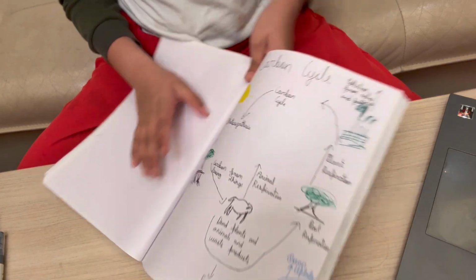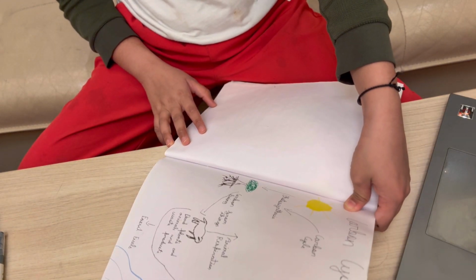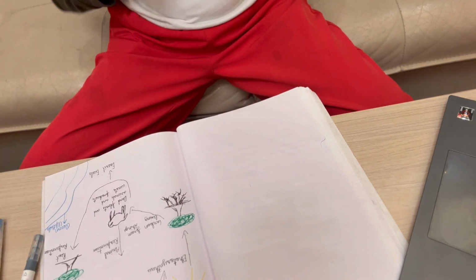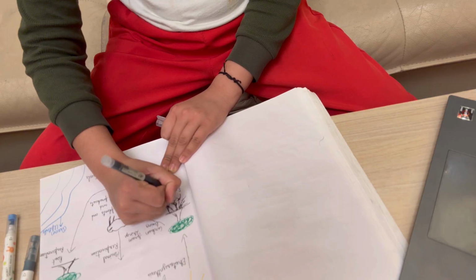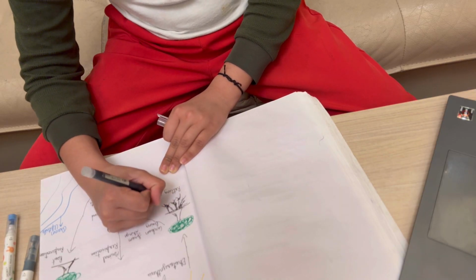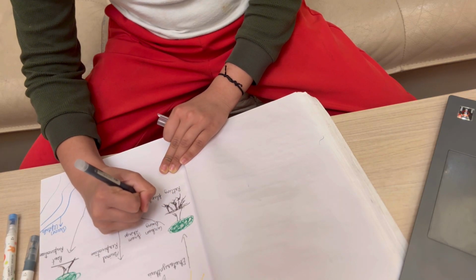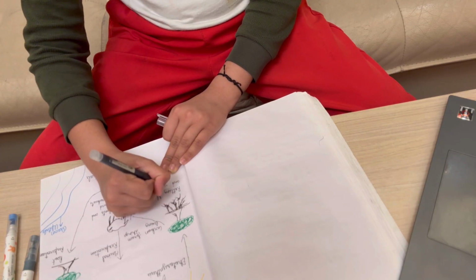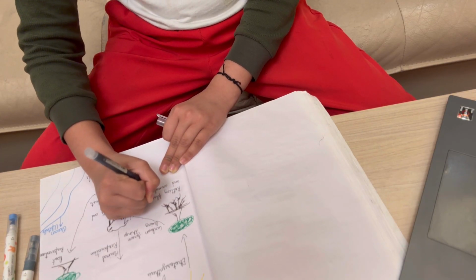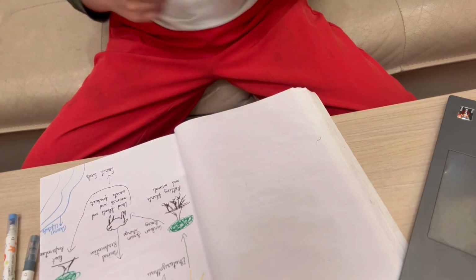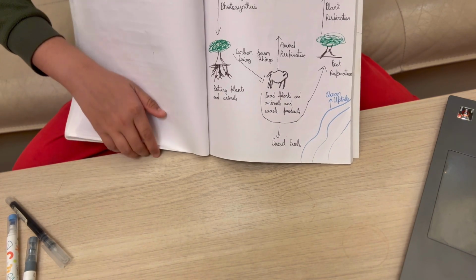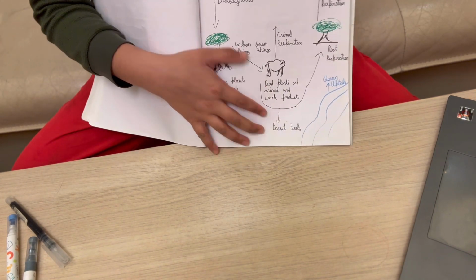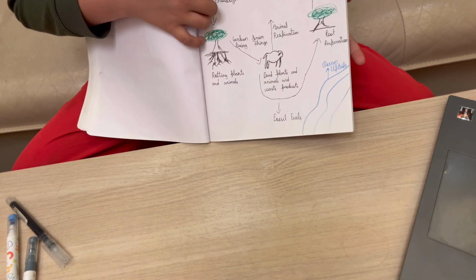Oh, I forgot to write something. Okay, so the tree can do photosynthesis, and also when trees, plants, and animals die over here, they release carbon dioxide into the air.